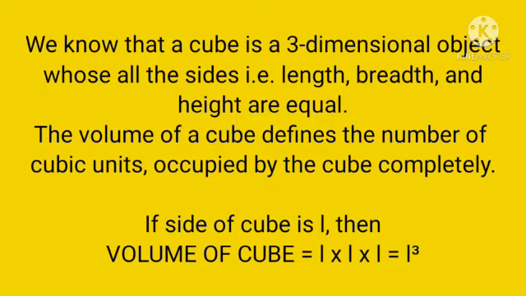If the side of a cube is L, then the volume of the cube will be equal to L, that is length multiplied by length multiplied by length, which is equal to length cube, that is L cube.